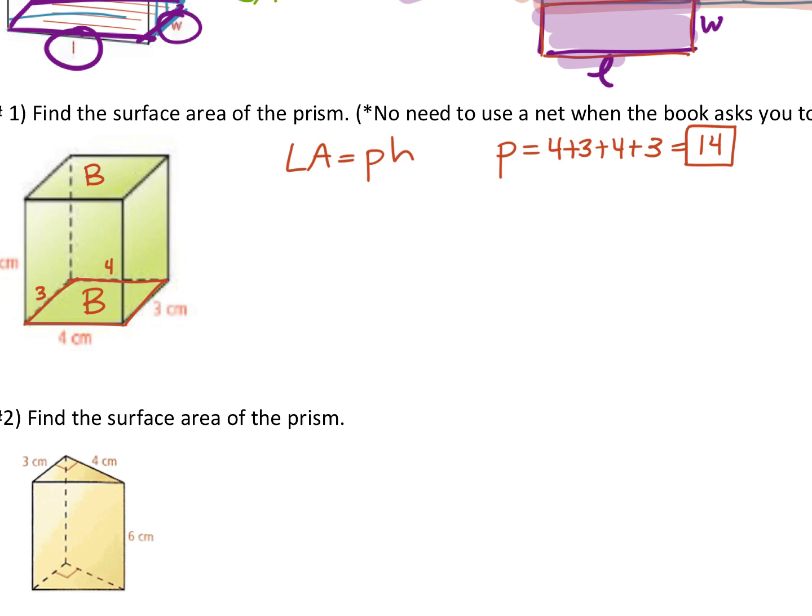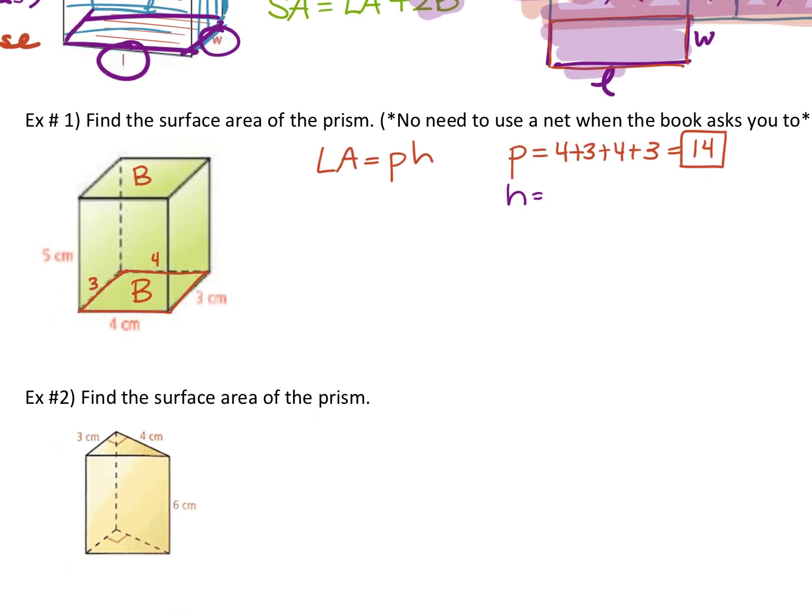So that's 14, okay? That's your P. What does H stand for? Height, or the distance between the bases. Height of the figure, which is the distance between your bases. What number is that? 5. That's the 5. The distance between the bases is your H, which is the 5. So if I want the lateral area, I go lateral area equals perimeter, 14, times height, 5, and I get 70 what?